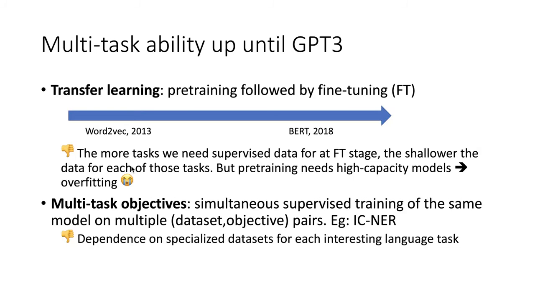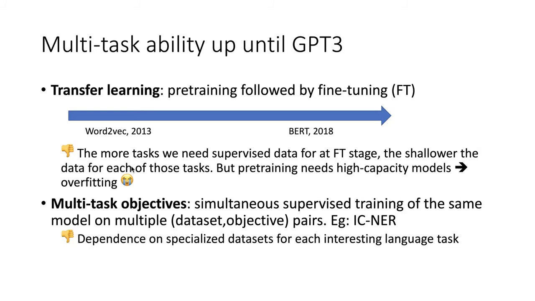Then as a second step, you have a fine-tuning step that usually relies on supervision, so labeled data. This approach, at least in NLP, started with Word2Vec around 2013, where the idea was to train word representations as their own task, and then use those word embeddings in different tasks. And it went all the way to BERT in 2018, which was basically a way fancier version of Word2Vec in a way.